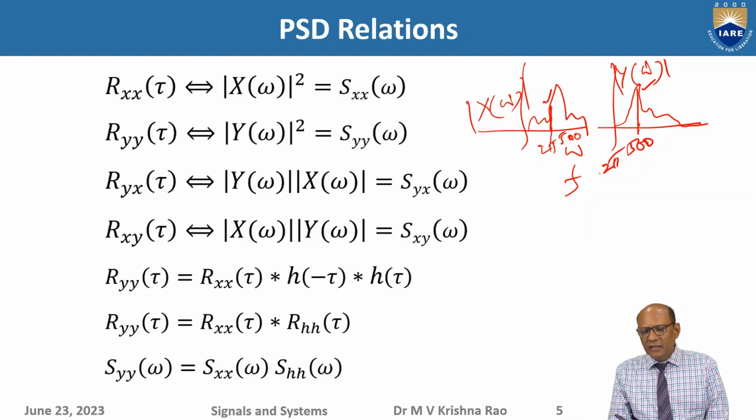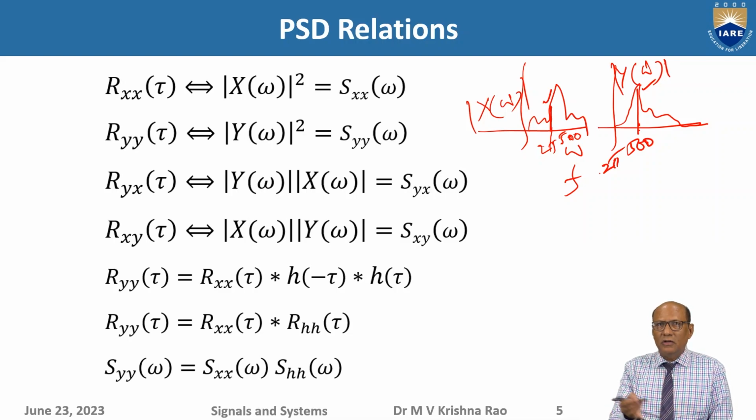That means basically it is also like an autocorrelation or cross correlation, but correlation between two frequency components considered at a time. Okay, because we are integrating again, as we have seen in the expressions in the previous class.